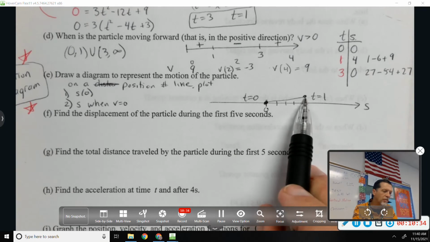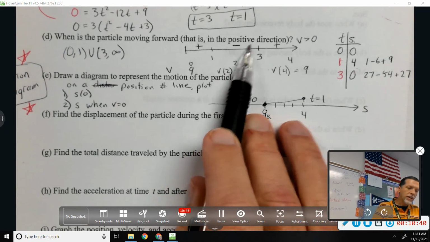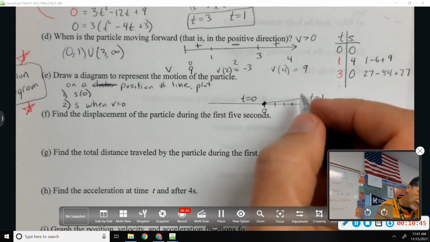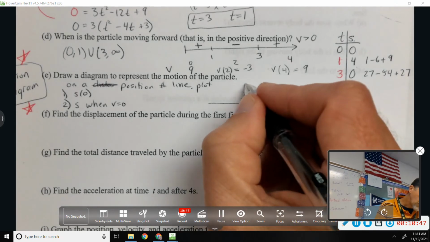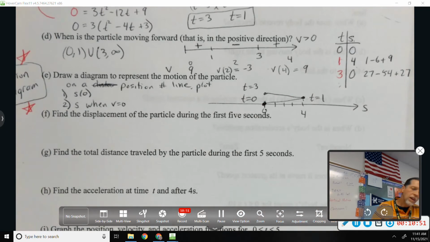It moved to the right for a second until it got to s equals 4. And then it turned around because its velocity was negative between 1 and 3. S of 3 was back at 0. So when time equals 3, we were back at position equals 0.